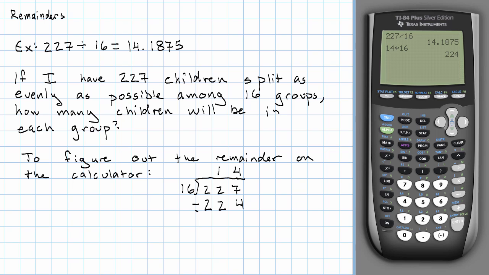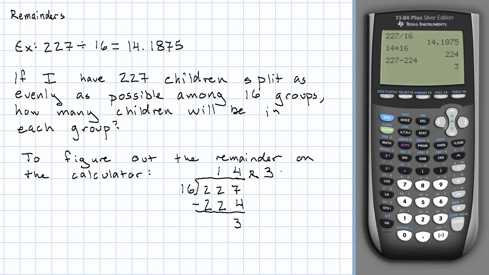Now this subtraction you might be able to do by hand more easily than entering it in the calculator. Or you could enter it in the calculator, 227 minus this number, 224. We have 3 children left over.